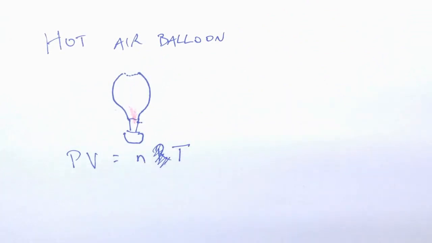So we can use a hot air balloon to model a physical system in which the pressure and the volume will remain constant, and the only variables we need to worry about are the temperature T and the number of moles of air n.